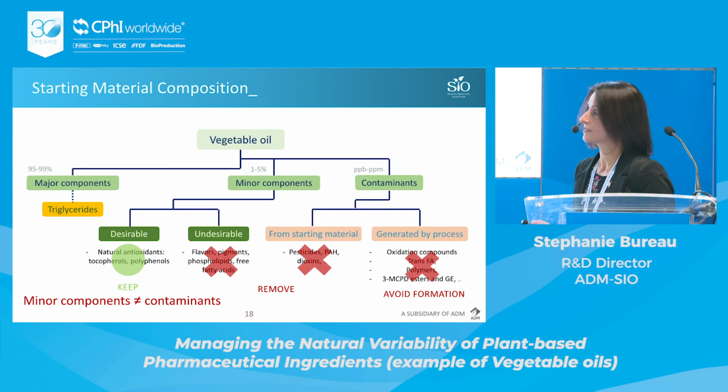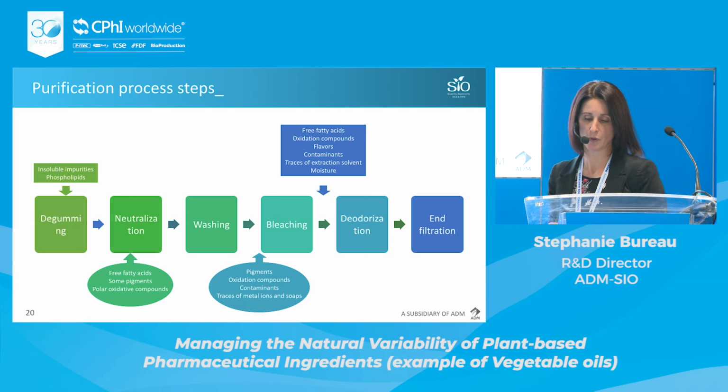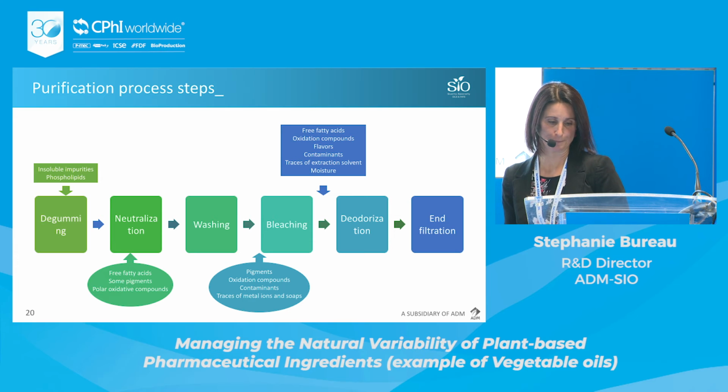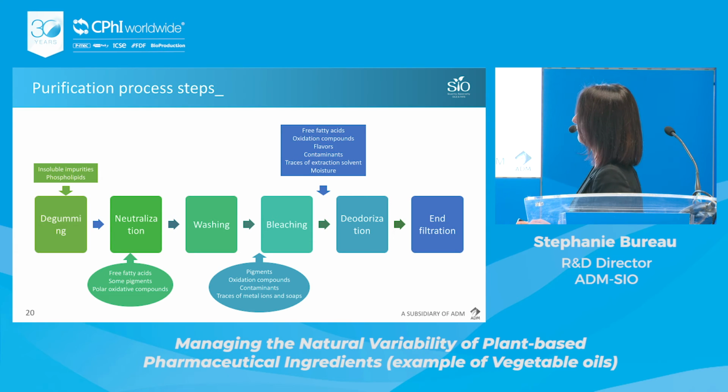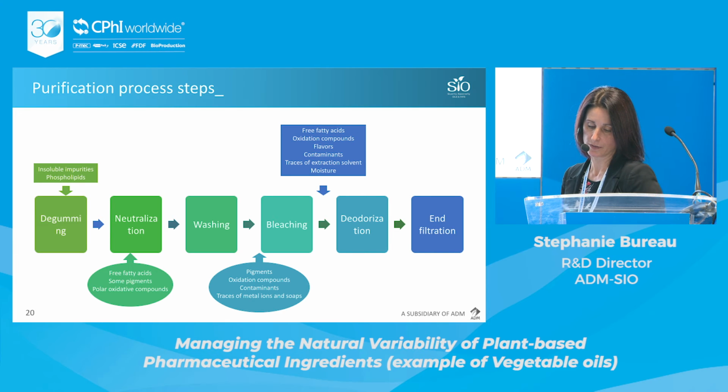So now let's go a little bit deeper in the purification process of the vegetable oils. The major steps of this process are degumming, neutralization, bleaching, and deodorization. Degumming step first, it's a step that is needed for oils that are rich in phospholipids.